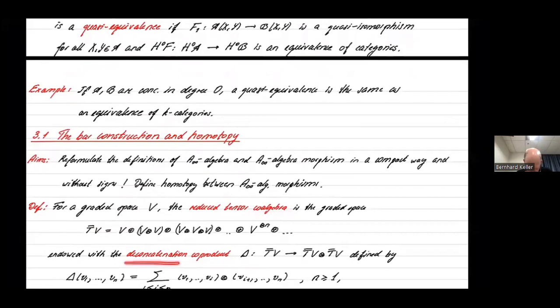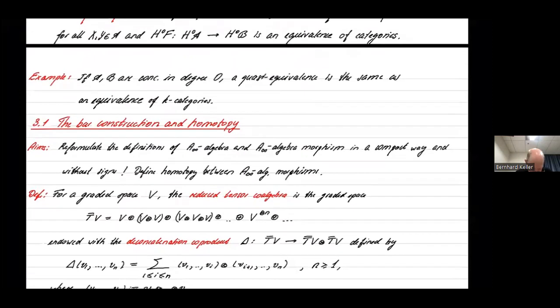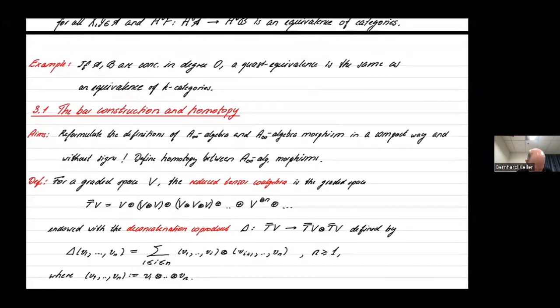We define the deconcatenation coproduct. Well, if we have a tensor, denoted by a sequence with commas instead of tensors in order to reduce the possibility for confusion, then the co-multiplication cuts it into two in all possible ways and takes the sum.